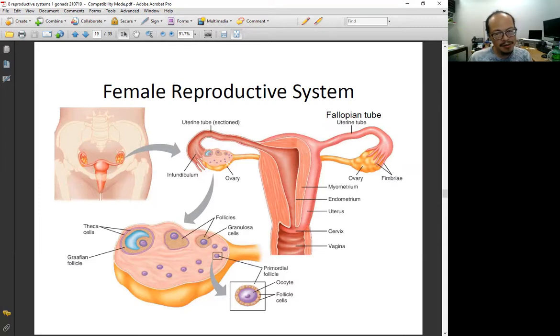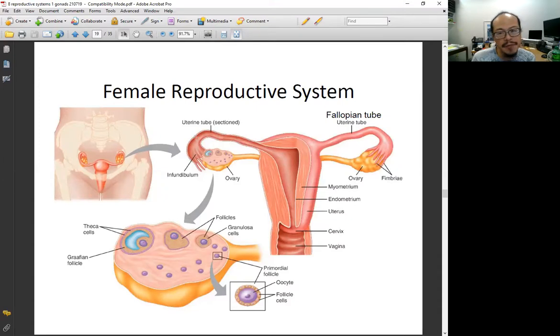It is also a place where the oocytes mature and develop. Once the oocytes are matured, ovulation occurs. It will throw the oocyte into the fallopian tube or the uterine tube.